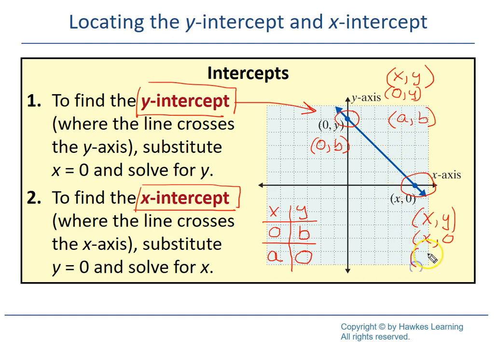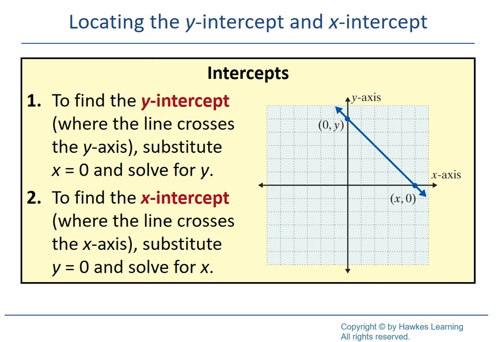And this would be A comma 0 to indicate the x-intercept, and 0 comma B the y-intercept. Okay, lots of stuff here, and for those that don't know much about this, you're going to have to pause and maybe go over it a couple of times. And let's go on.